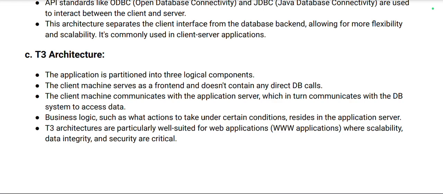The application server handles all these business logics, and according to the user's access and authorization, it will send the query to the database. If the user is not authorized to access the sensitive data, then it will discard the request and send a message: you are not authorized for accessing this data.